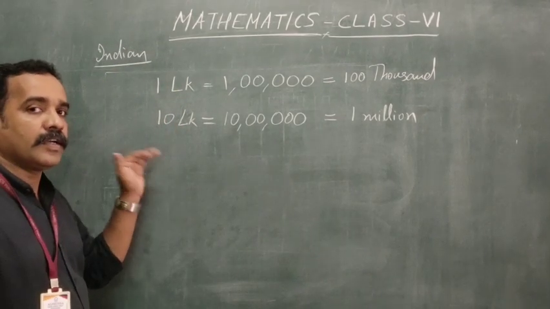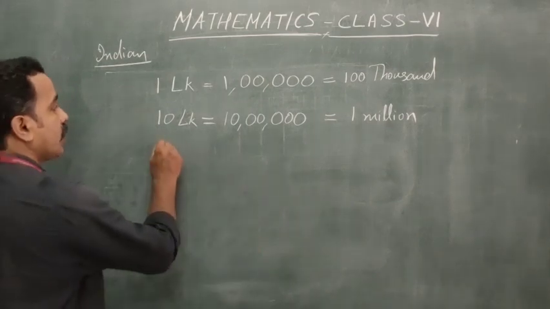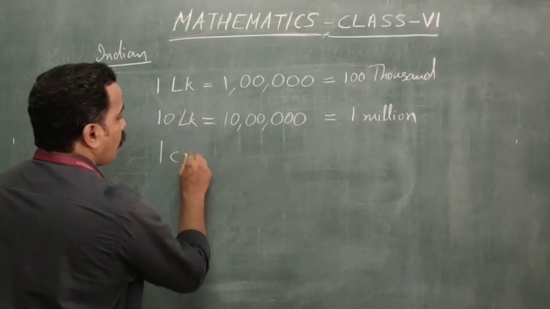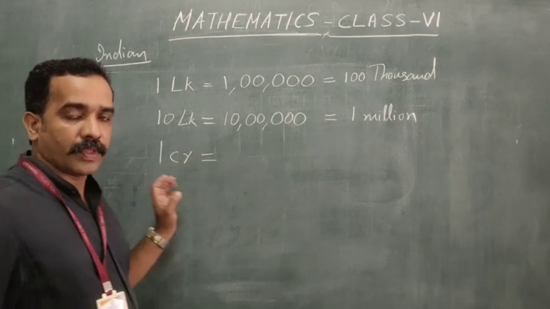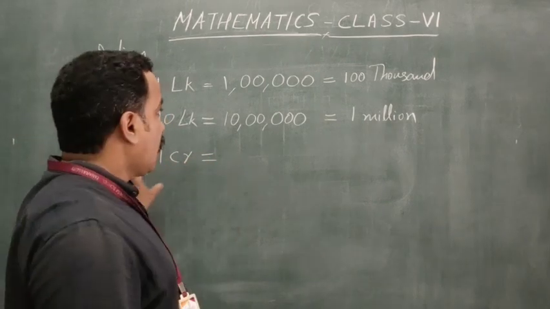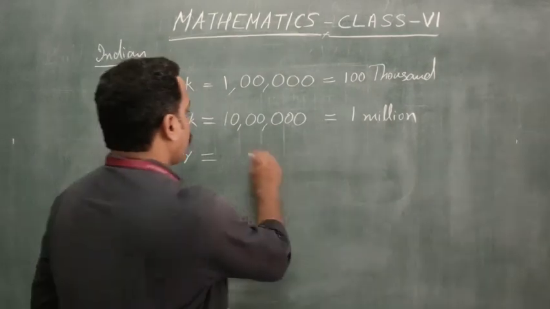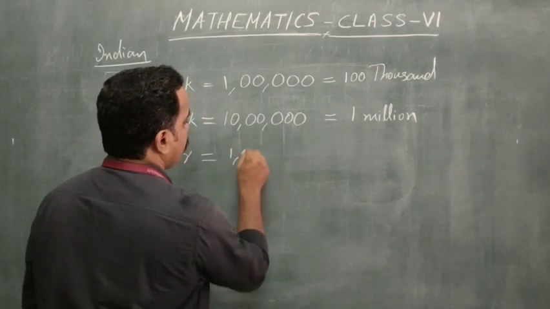After 10 lakh comes crore, according to the Indian place value chart. 1 crore means how many digits? 1 crore has 8 digits.